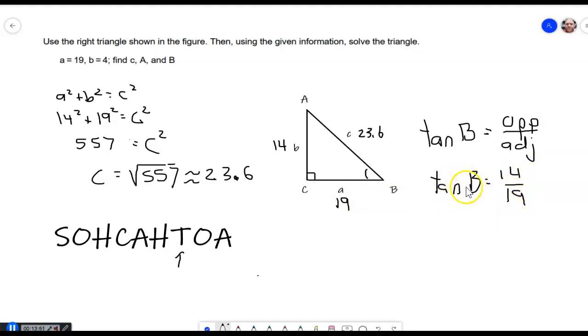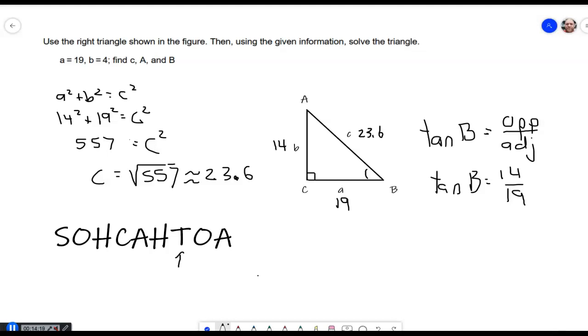Now I want to solve for B, so I want to get it by itself. In order to get it by itself, I have to apply the inverse tangent to both sides. That's another trig function. So the tangent of an angle gives us a value. The inverse tangent of a value gives us an angle.